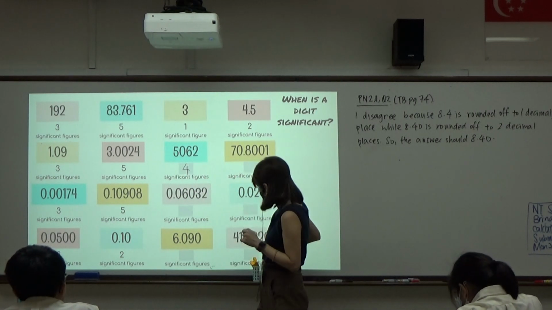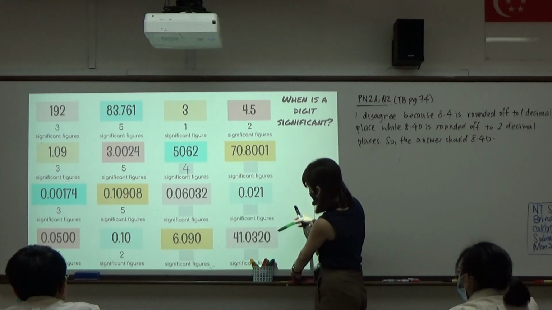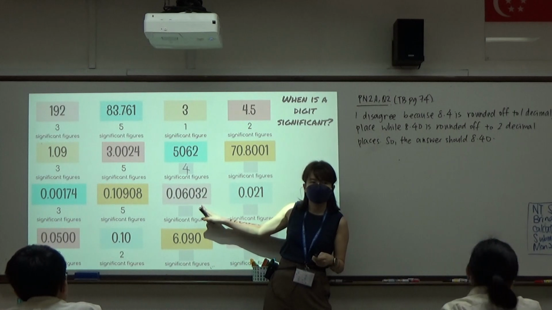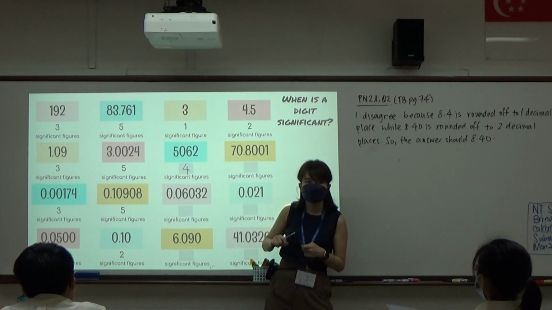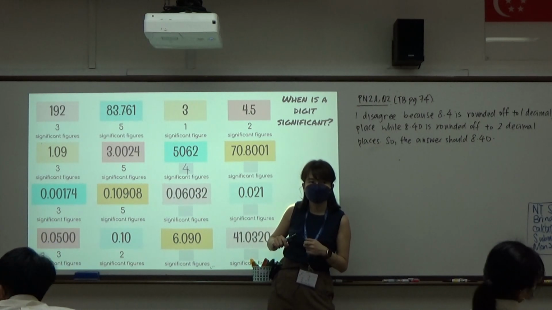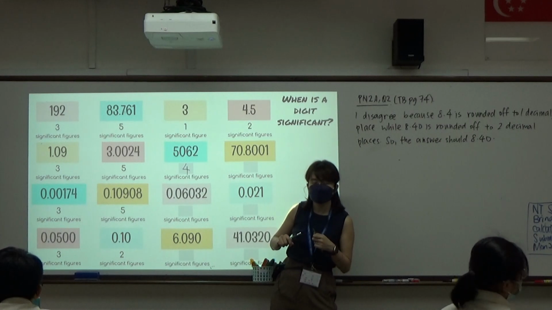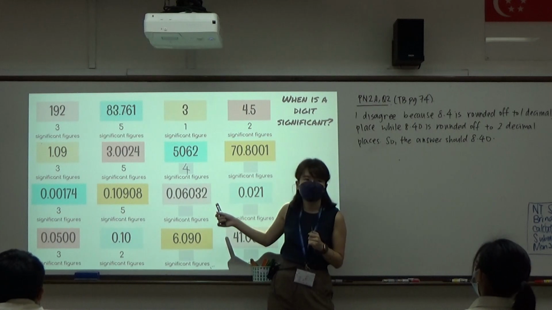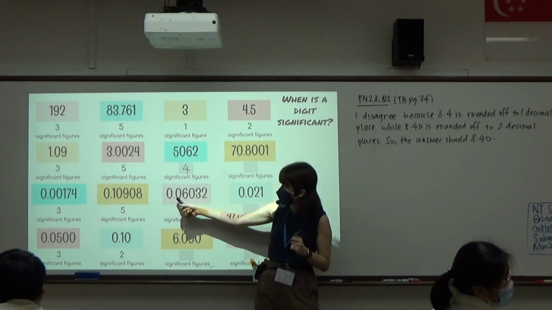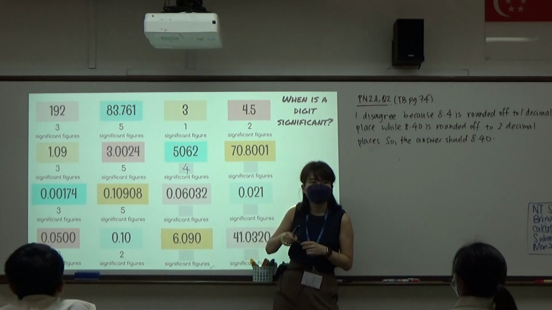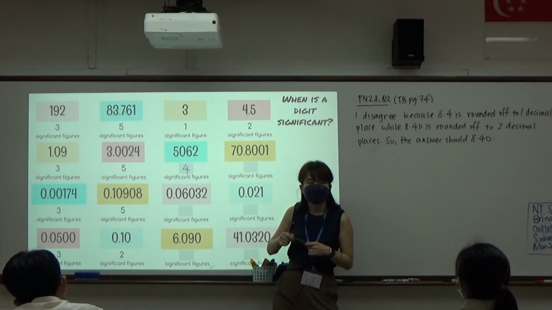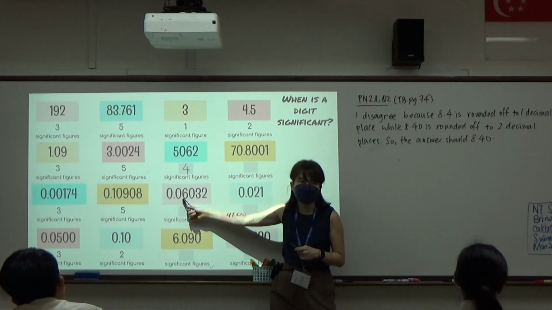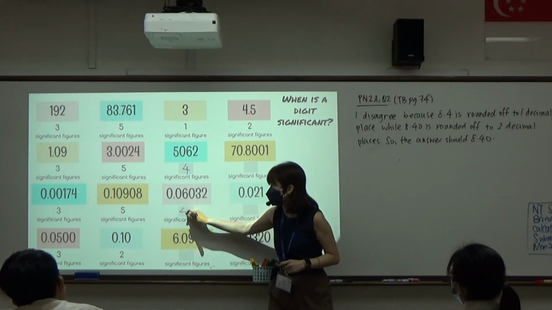And then the next one, Colin, how many significant figures are there? 5, are you sure? Count again. Which digit do I start counting from? I start counting from the 6, right? So 6 onwards, how many digits are there? 4, so there should be 4 significant figures.